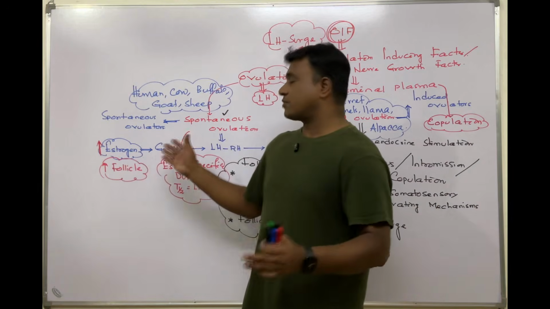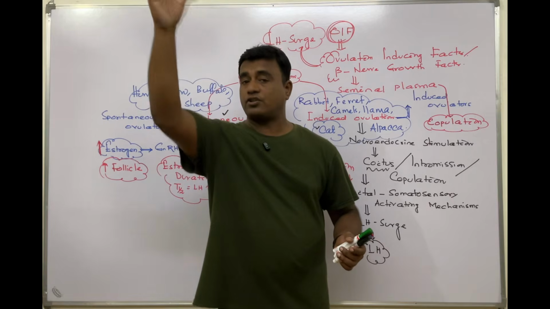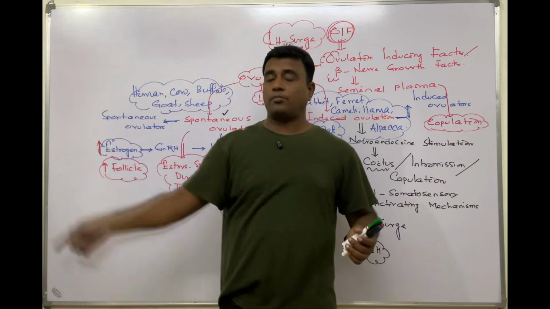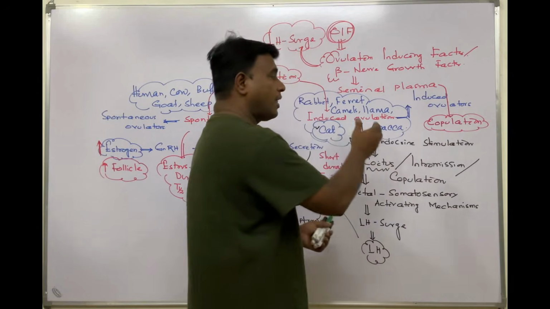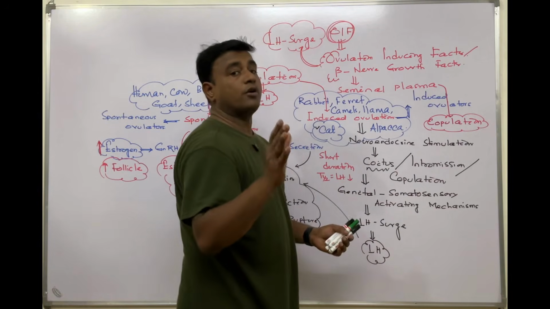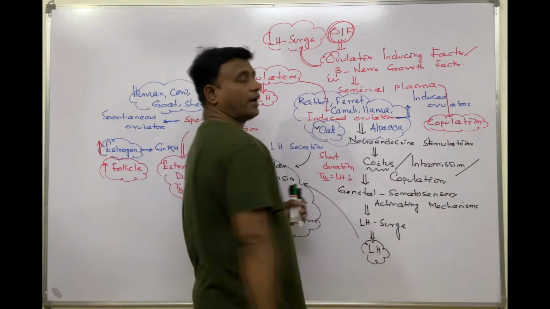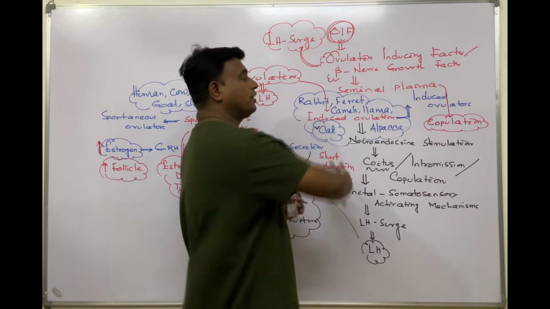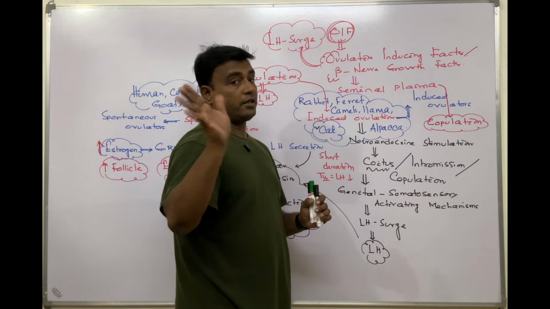Here the LH remains for a long period of time because of follicle-stimulated release of estrogen and stimulation of the central axis. But here the somatosensory signals are less lasting because coitus is over, and the presence of the ovulation inducing factor plays a critical role in modulating or stimulating the LHRH signaling mechanism.